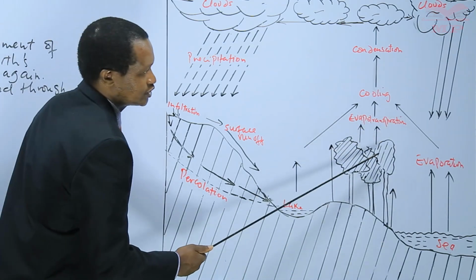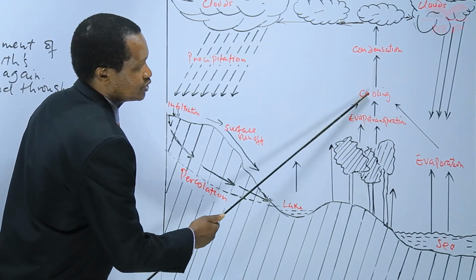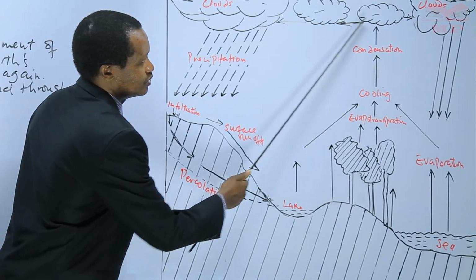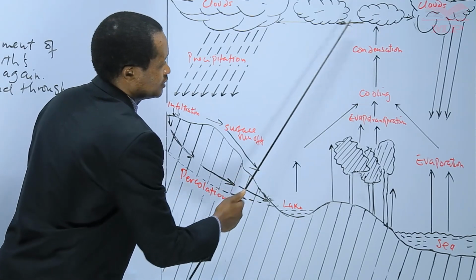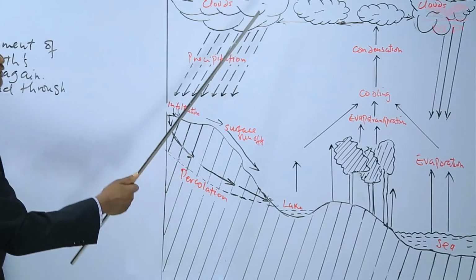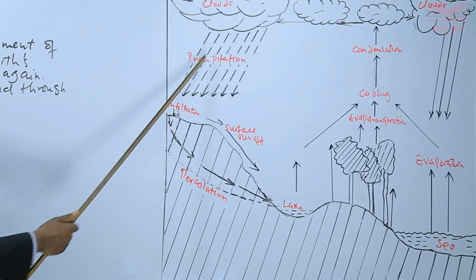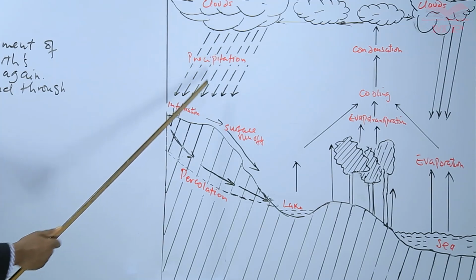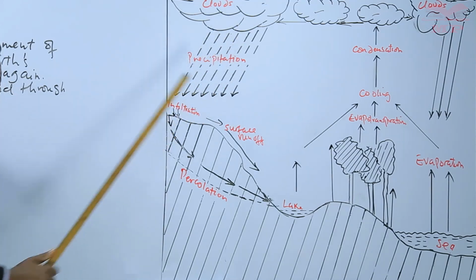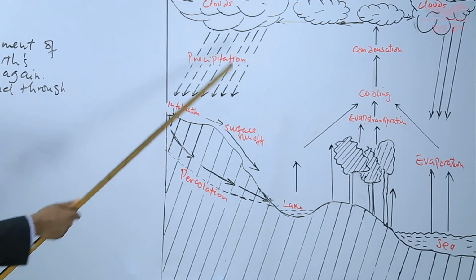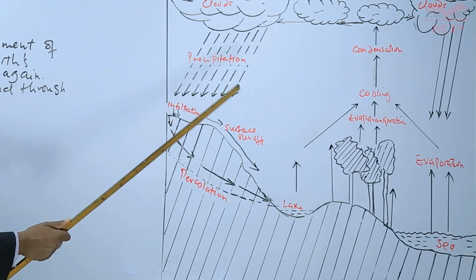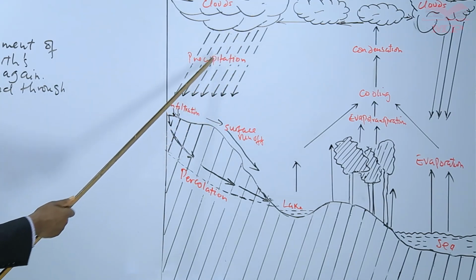So it goes again, learners, cooling process, then it condenses into clouds. When these clouds become thicker, they fall down through the process we are calling precipitation. Precipitation, when clouds become too heavy laden with moisture, learners, they are released.